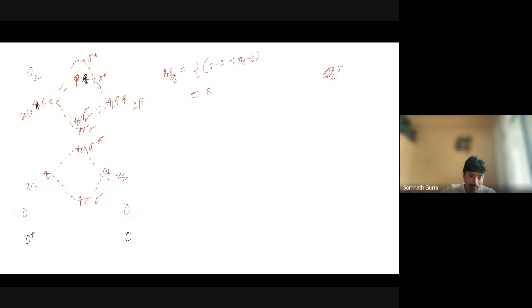Now change the color. So bond order of O2 plus is half of 2 plus 2 minus 2 plus 2 plus 4 minus 1. It will give you 2.5, right?